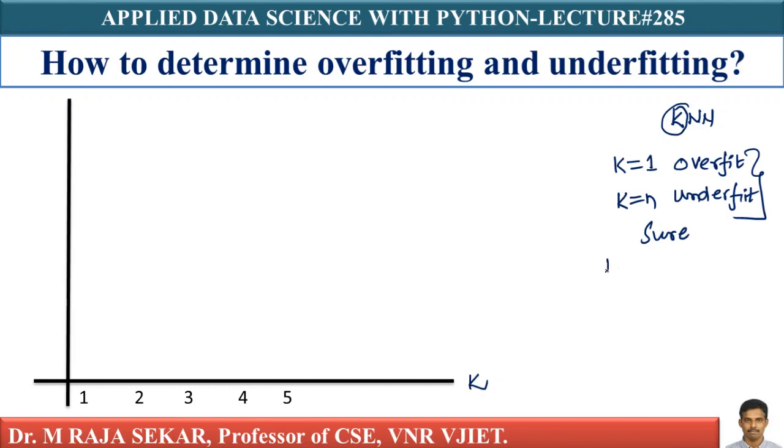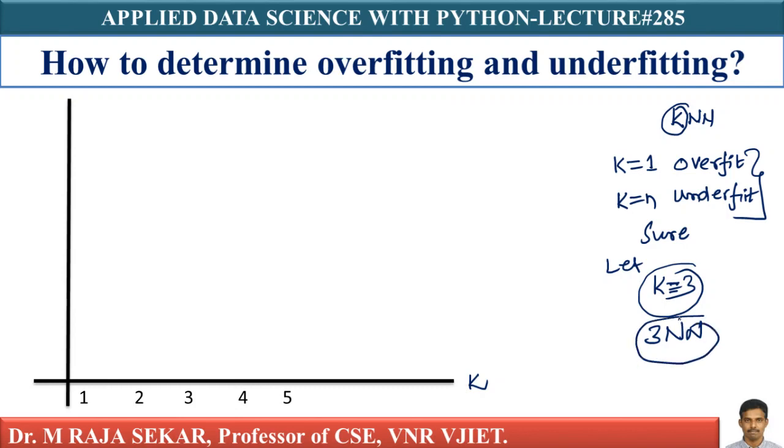Let's assume using cross validation, I realized that my value of k is 3. So my KNN is 3NN.